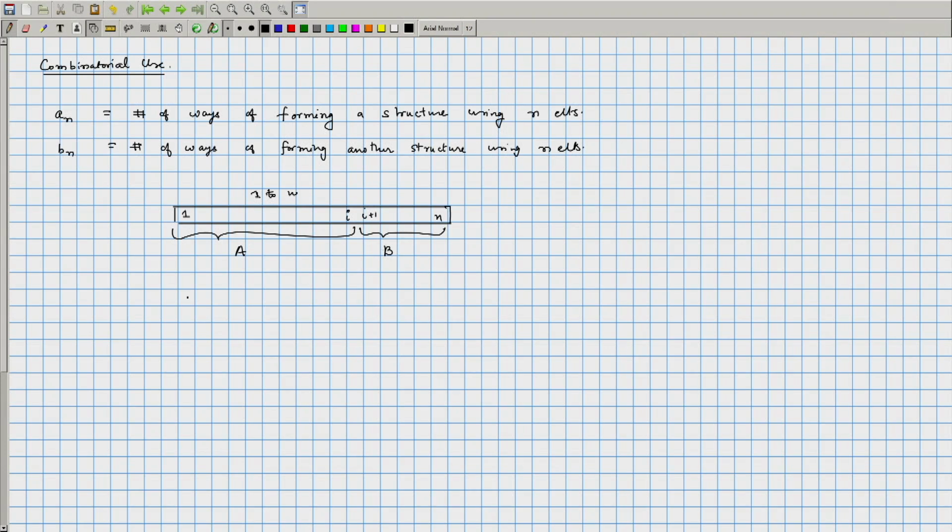And on this set A, form a structure of the first kind, or we will call it type A, and on B you form a structure of the second type.